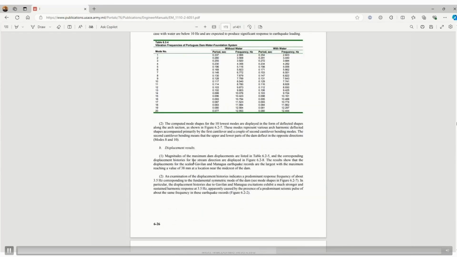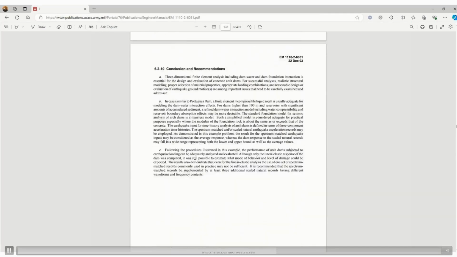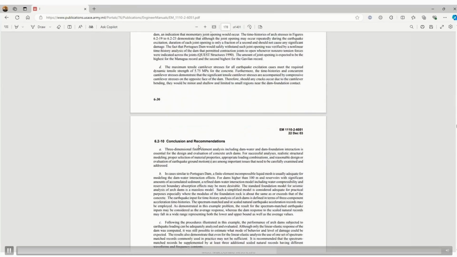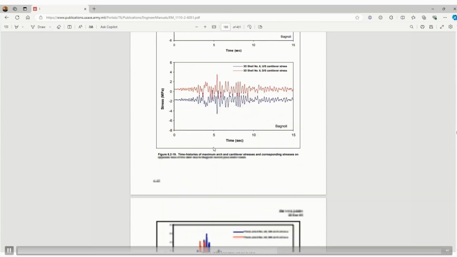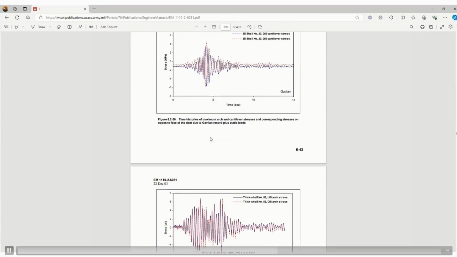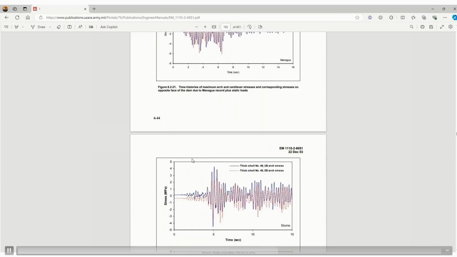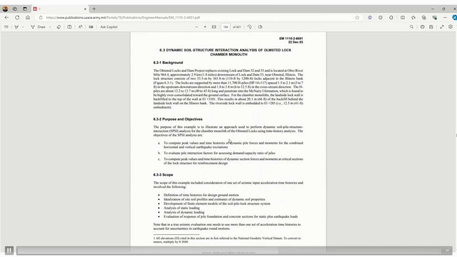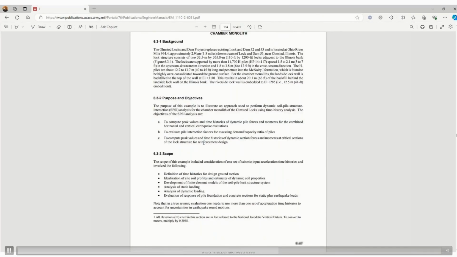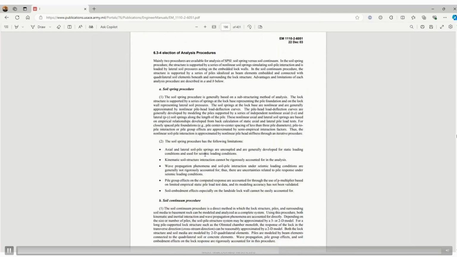So this is for arch dam. Example of arch dam. I mean, for various structures, the procedure is the same. Okay, some criteria may be different because, see, arch dam again will provide some reinforcement. Towers will provide reinforcement. Flexure is there.